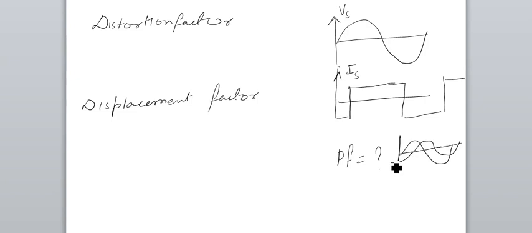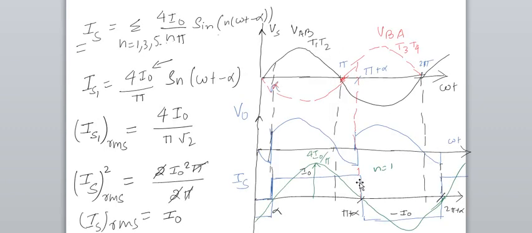Power factor is the angle between V and I, but V and I should have the same shape. Here we observe a sinusoidal source voltage but a square source current. That is the biggest problem.